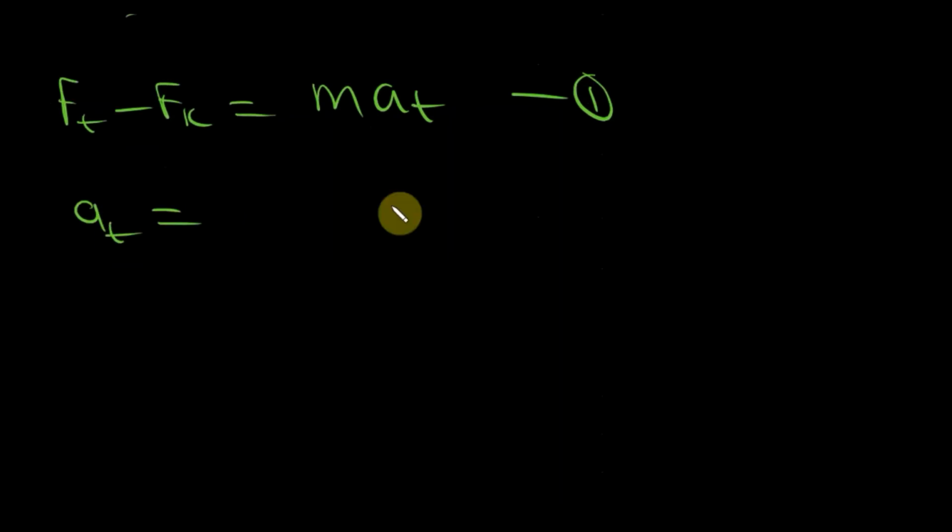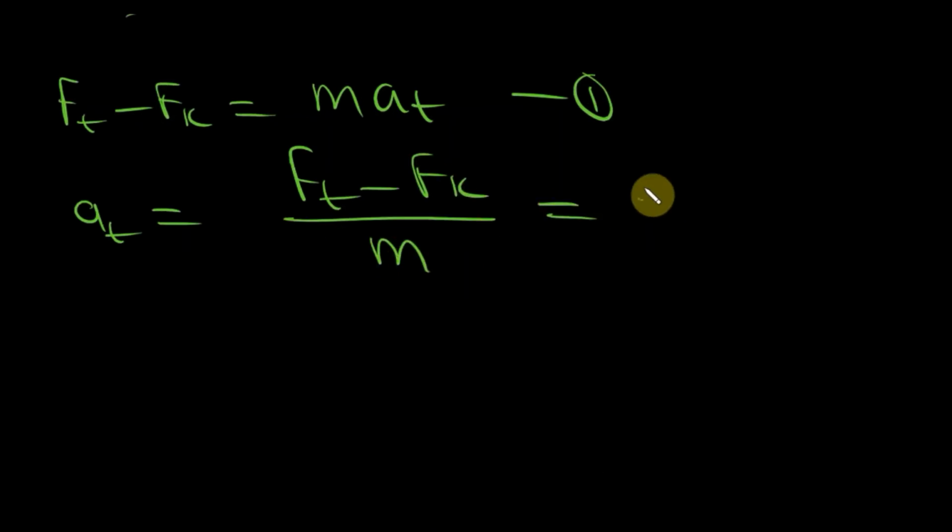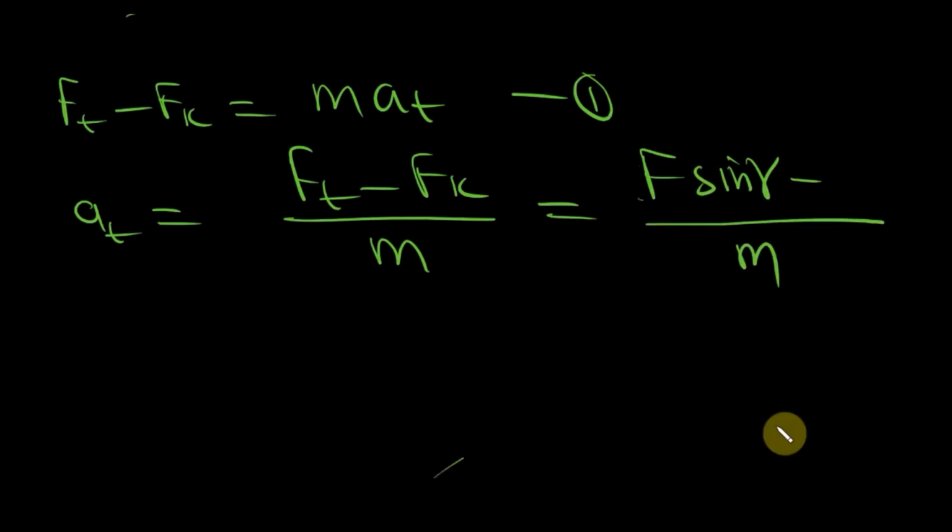From here, At can be made the subject of the formula: Ft minus Fk divided by the mass. I know that Ft is the thrust force, sine gamma, minus what is my Fk? Well, this is one other part that I did not explain. Let's just quickly explain where Fk comes from.